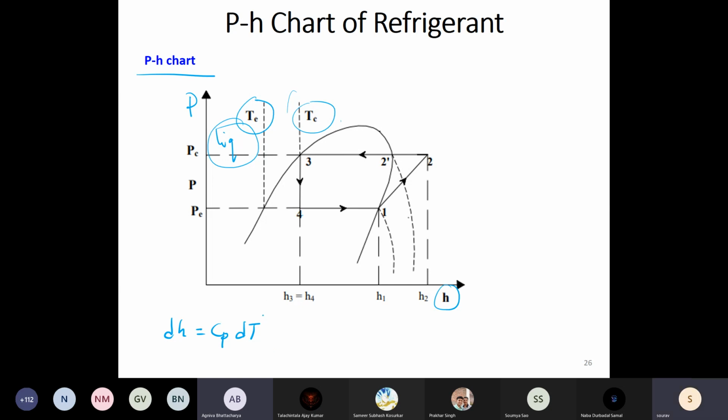Now, if you have an isothermal line, what it turns out is it also leads to an isenthalpic line. This is only valid for the subcooled region. Or is it valid for some other region also? Where else can I write dH equals Cp dT?